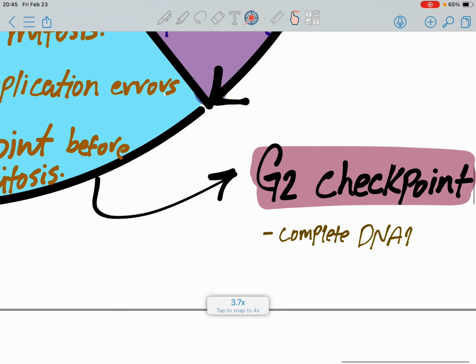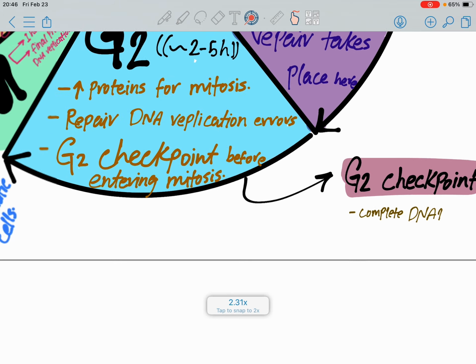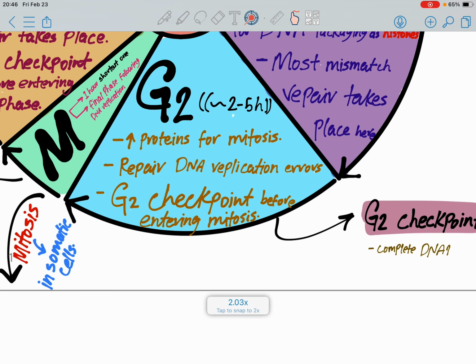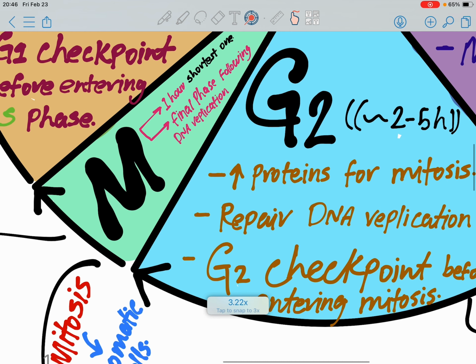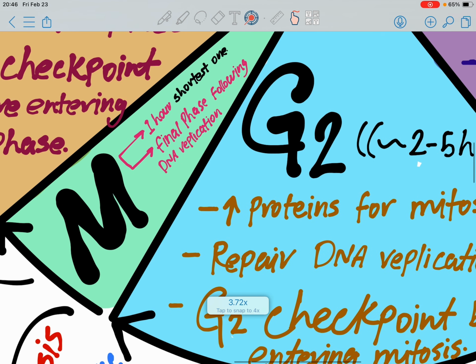So the growth 2 checkpoint is gonna check if the DNA is complete or not. If it is complete, the cell can be allowed to move to the next phase, which is the mitosis. If it is not, the cell will be arrested and the apoptosis process is gonna start. So the cell is gonna be dead.